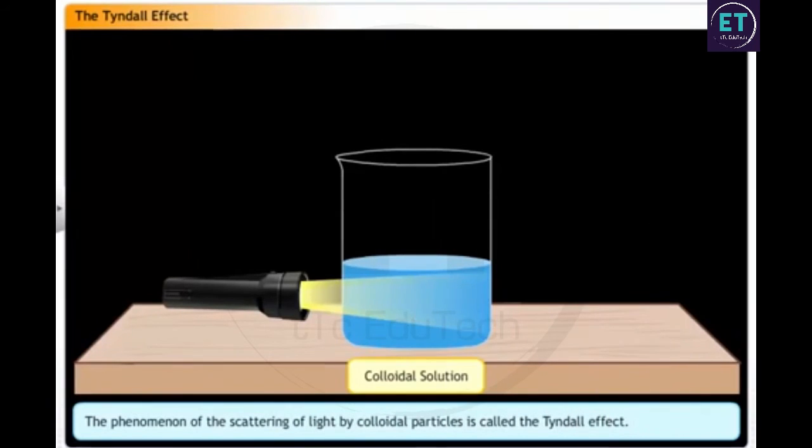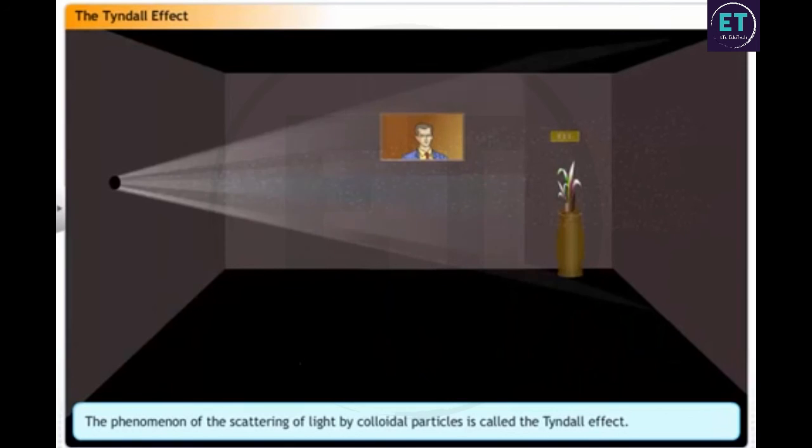When a fine beam of light is passed through a colloidal solution placed in a dark place, the path of the beam gets illuminated. The illuminated path of the beam is called the Tyndall cone. This phenomenon of the scattering of light is called the Tyndall effect. The Tyndall effect can also be observed when a fine beam of light enters a room through a small hole.